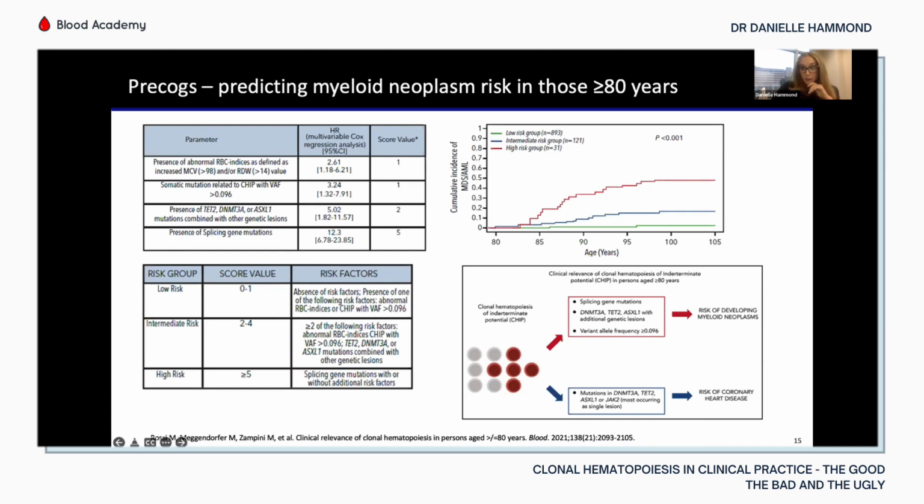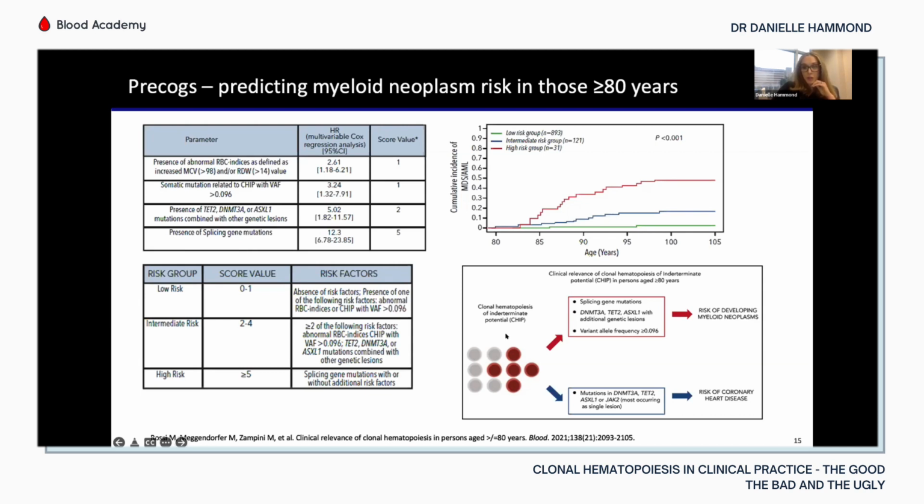And they inadvertently also picked up on the fact that there's a mutation signature that, instead of being predictive for subsequent myeloid neoplasm in this elderly population, was actually predictive of inflammatory disease, including rheumatoid arthritis and coronary heart disease.